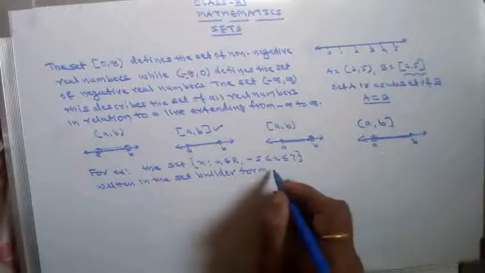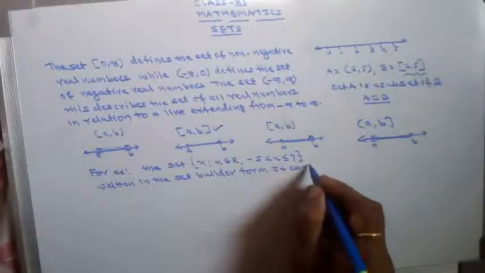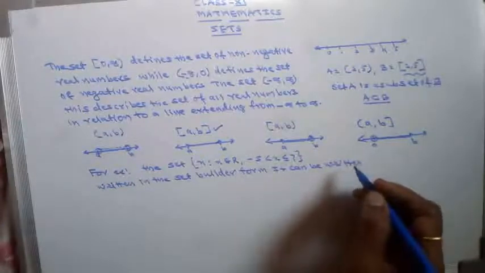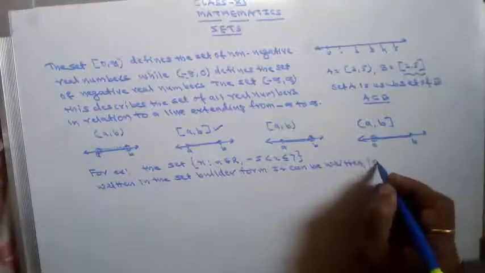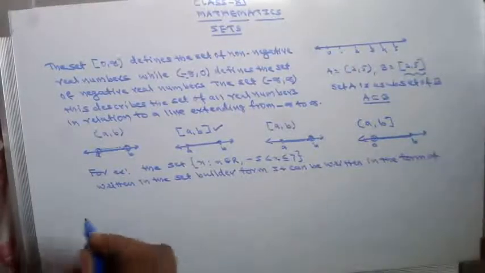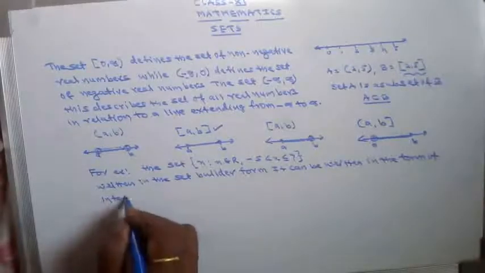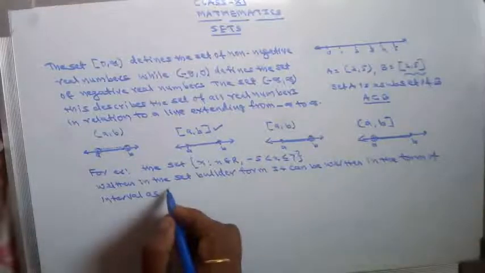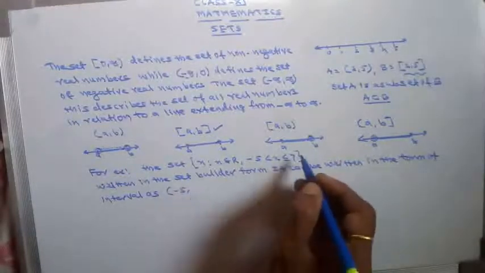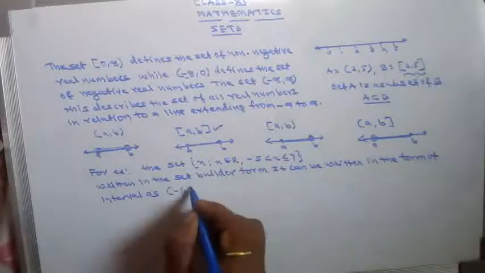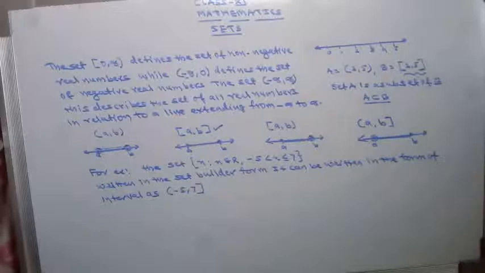It can be written in the form of an interval as follows: minus 5 is excluded, so open at minus 5, including x less than or equal to 7. So it is in this way, minus 5 to 7.